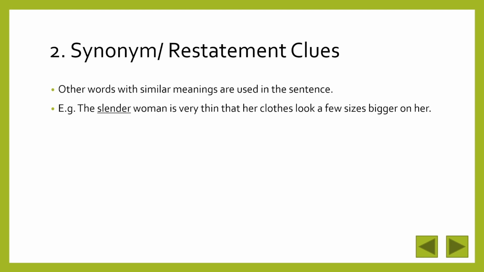But there is a synonym there after that. So you look at it, slender equals thin. So the word slender has the same meaning as very thin or thin. So whenever you read slender, you understand this is thin, and thin is referring to slender. So that is how you use synonyms to refer to the words.